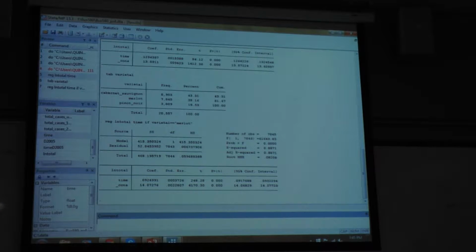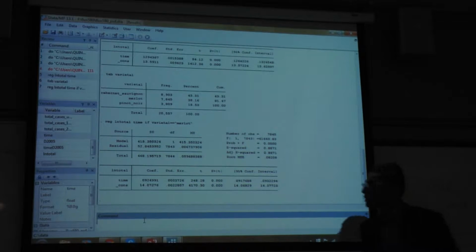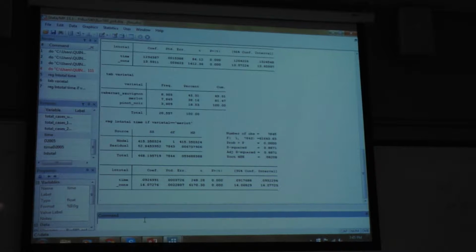All right. So there is a growth rate for Merlot for the entire period. 9%. What does that represent? It represents the average growth rate before and after.